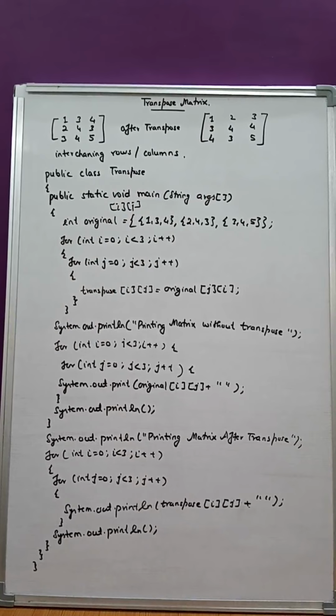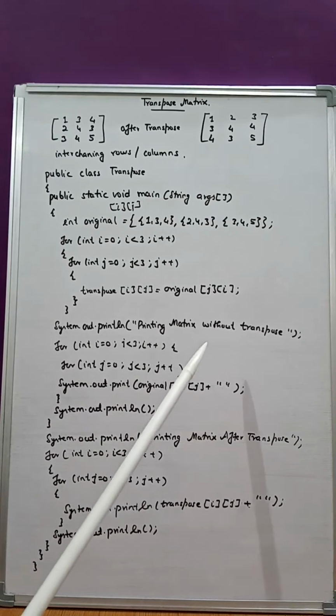Now we have replaced the values, but in the output we have to print both: the original value of the array and the transpose of the matrix. So first we have written System.out.println, printing matrix without transpose.